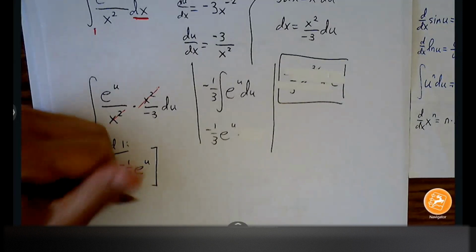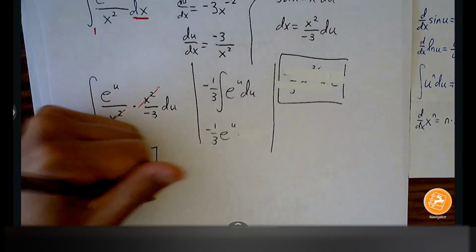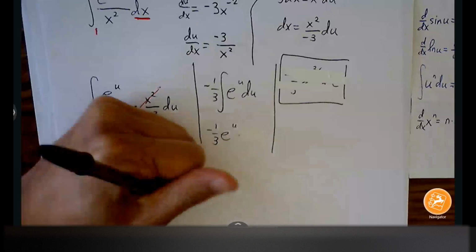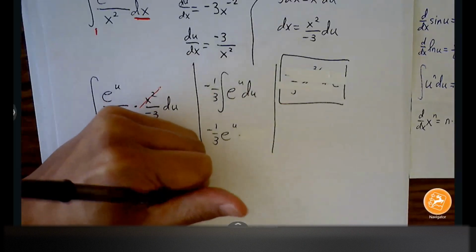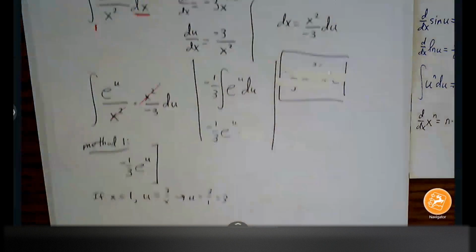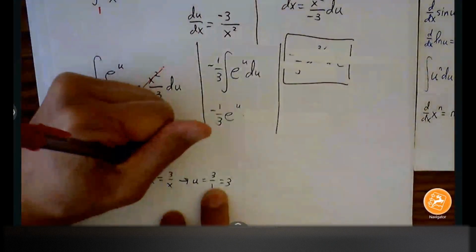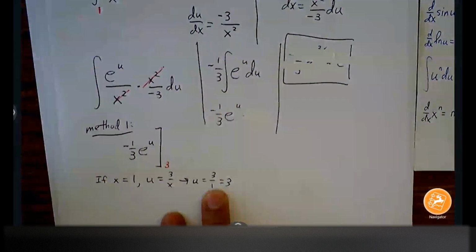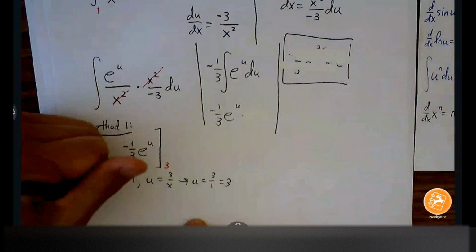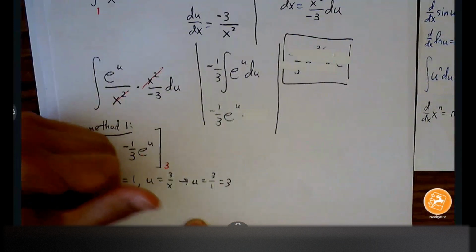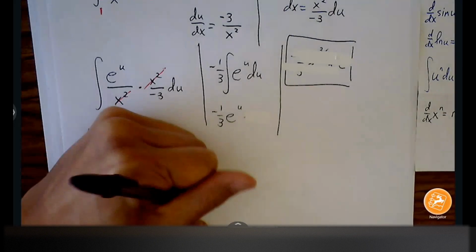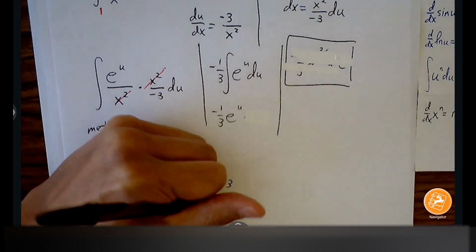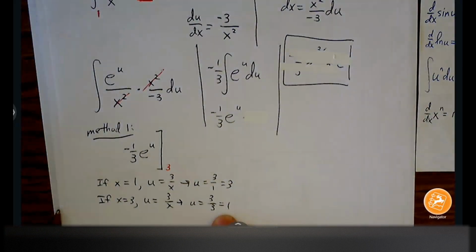So if x is equal to 1, then u is equal to 3 over x. So that means u is equal to 3 over 1, which is 3. My new lower bound has been transformed to be 3. And my new upper bound is now 1.